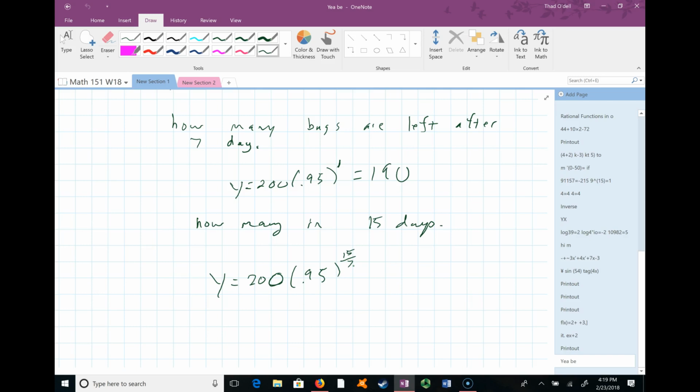We go 0.95 raised to the power of 15 divided by 7, and then multiply that by 200. And we get 179.182, and then our common sense tells us, of course, there's no such thing as a 0.182 water strider. So we'd say there's 179 striders left.